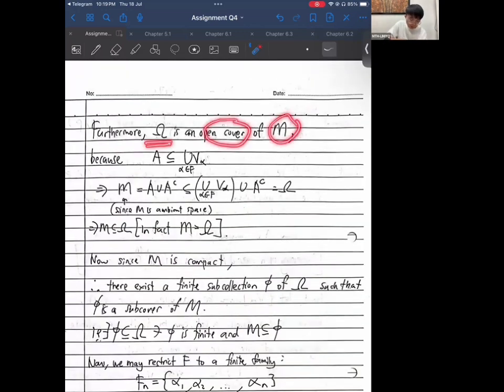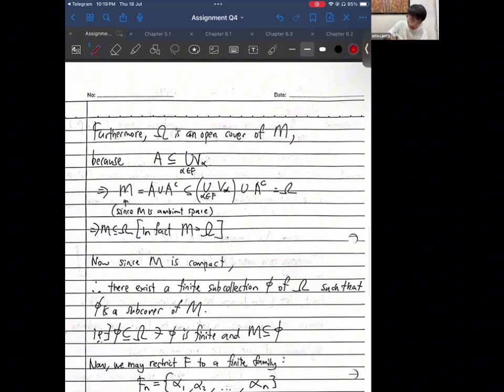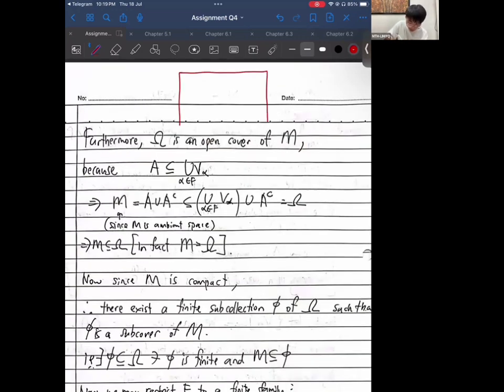To see why it is an open cover of M, we can draw a simple diagram. This big set is M, the metric space. We have a subset called A. Now, just now we said there's an open cover, the union of all the open sets covering A. These are all V alpha, which can be infinite, so let's just write dot dot dot.